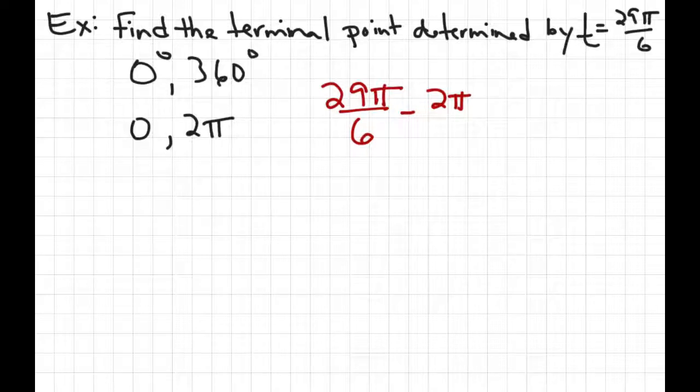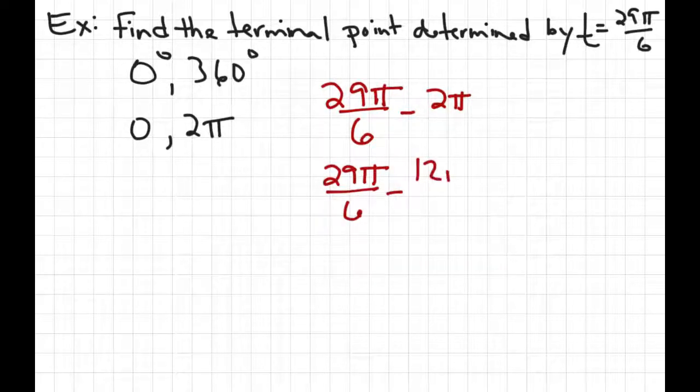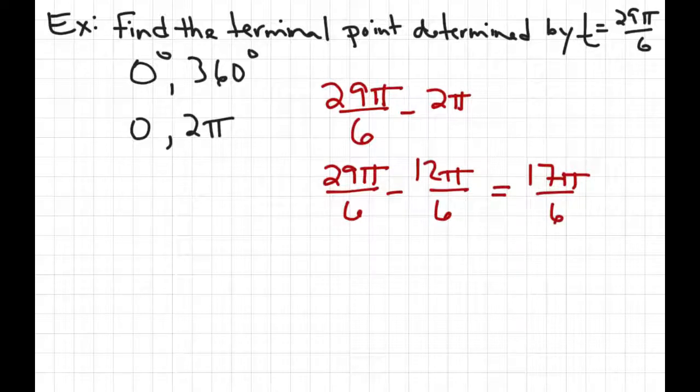Well, 29 pi over 6 minus 2 pi is going to be, let's see, 17 pi over 6. Uh-oh, that's still bigger than a circle because I just said that a circle is going to be 12 pi over 6. So I'm just going to do it again.